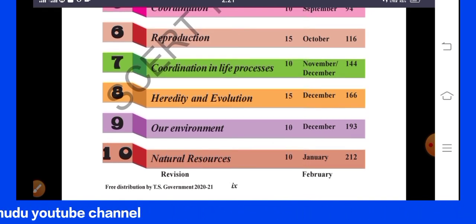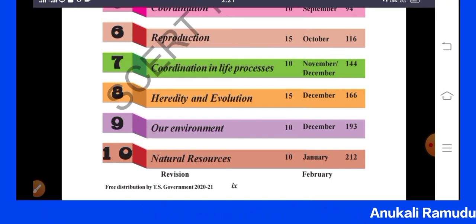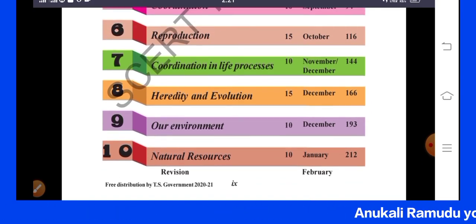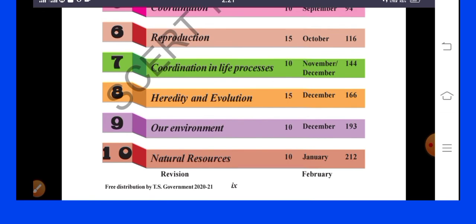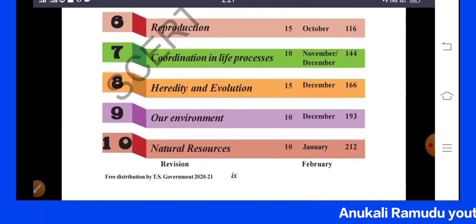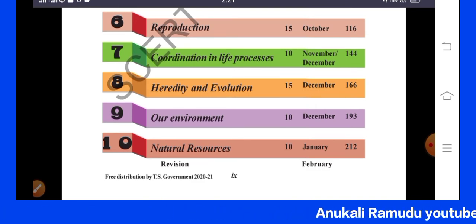But among them there is coordination. In our body different systems are there, different activities are carried out, but each activity depends upon another. Each life process depends upon other life processes. For example, the digestive system is linked up with respiration and linked up with transportation.